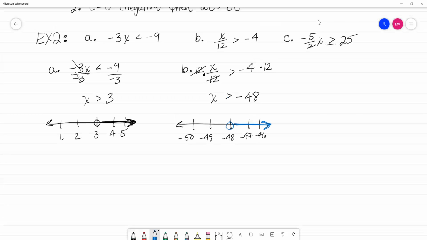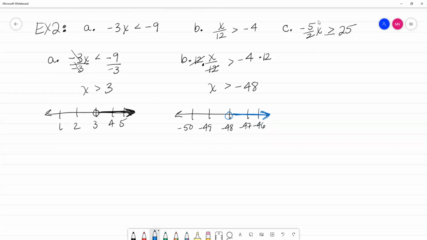All right, so let's check. What is a number greater than negative 48 that we can put in for x? So what is the number greater than negative 48 that x divides evenly with? I'll do negative 36, right? Or negative 12. Negative 12 is greater than negative 48, right? Let's do negative 12. Negative 12 over 12 is greater than negative 4.